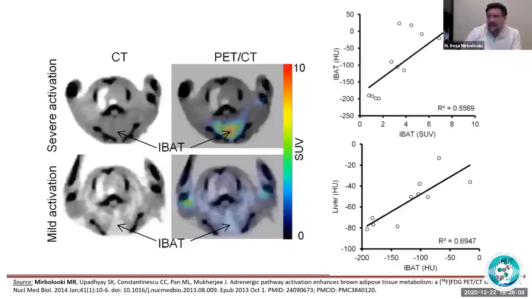So I found that when I activate BAT, and especially with CL, when it's severe, as you see here, compared to mild activation, I can see a difference. These are the CT scans, but these are the inverse CT scans.